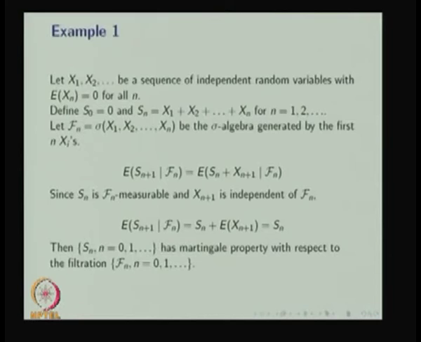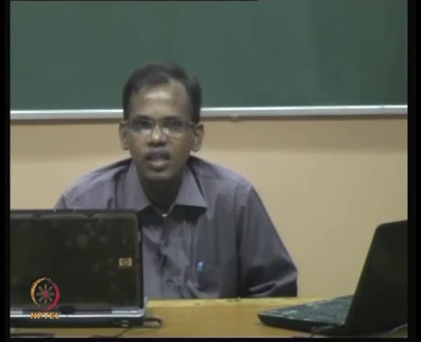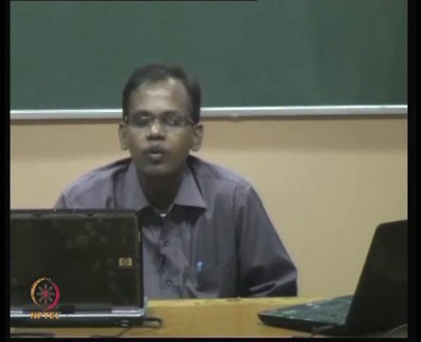Sn is nothing but the summation of the first n random variables xi's. Therefore, Sn is also Fn measurable. Xn plus 1 is independent of Fn, because Fn is the information till the first n xi random variables. Therefore, xn plus 1 is independent of Fn.